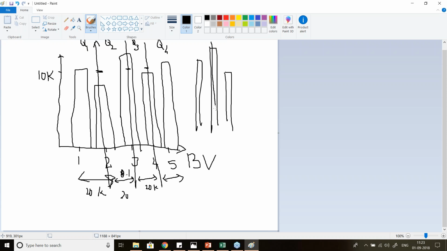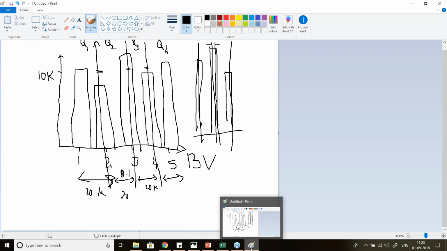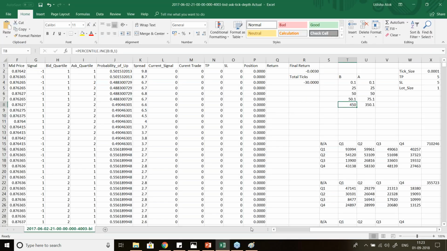So we have Q2 and Q3 in the same distribution, very close. Yeah, Q1 here and you have Q4 here. So 50.1 is this value and 50 is this one. Online participants, Nathaniel, you understood what 50 and 50.1 are?